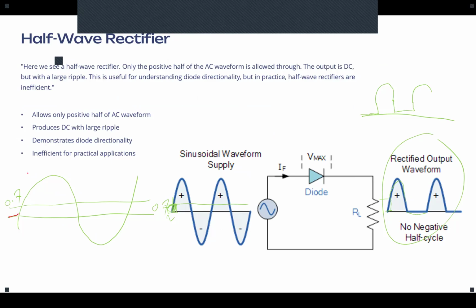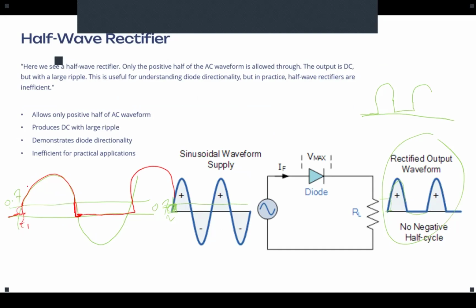Here we have a forward bias voltage, but we are below the threshold, so it is still 0. At this point, now we start conducting. Again, here we get below 0, so we are going to get 0, and then here we start conducting. Makes sense? This part is going to be chopped down.